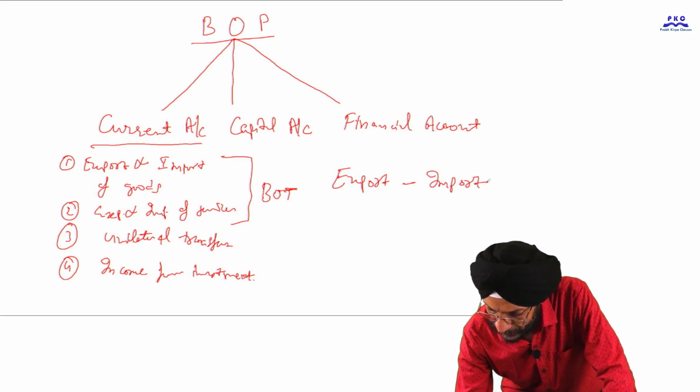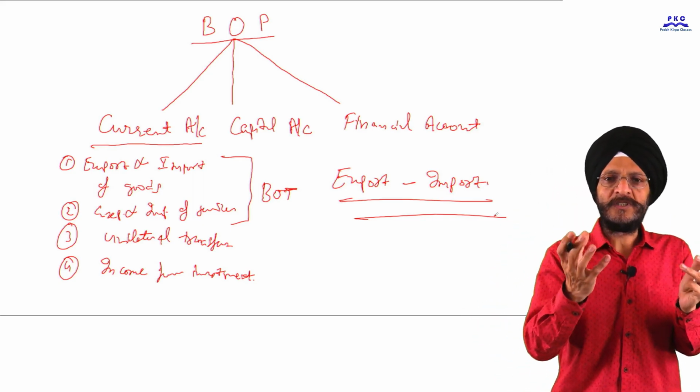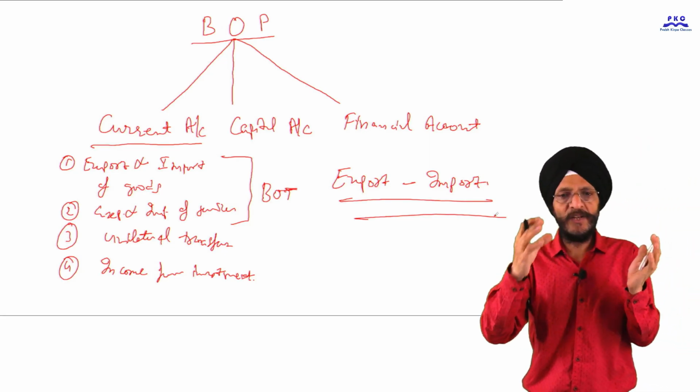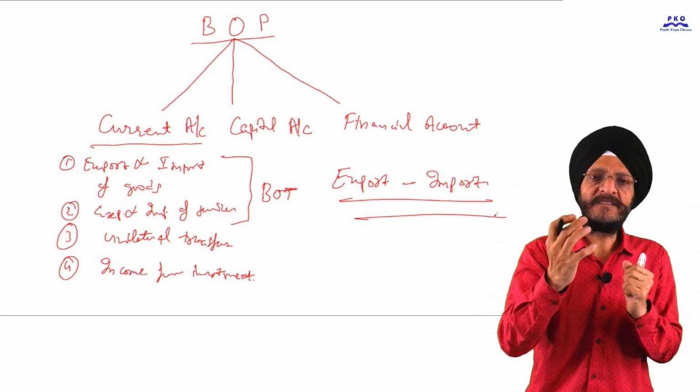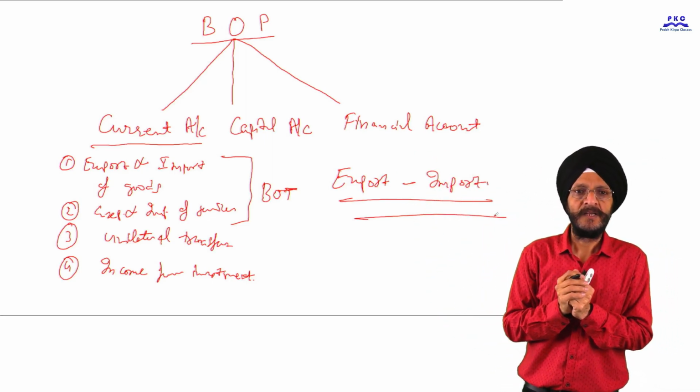This is balance of trade. The value of goods and services which are exported minus the value of goods and services which are imported from the rest of the world. This is BOT.